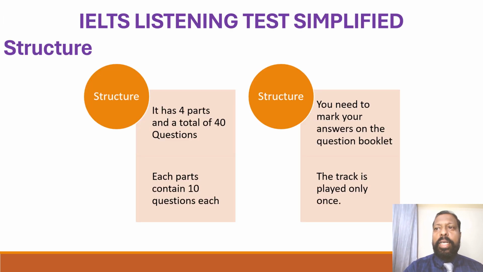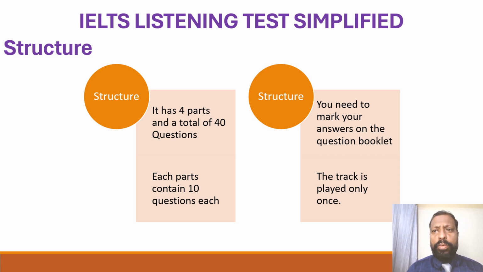Now, let's begin with this IELTS listening test simplified, with the structure of the test. Let's look at the preliminary information given here. It has 4 parts and a total of 40 questions. So the IELTS listening test is divided into 4 different parts.